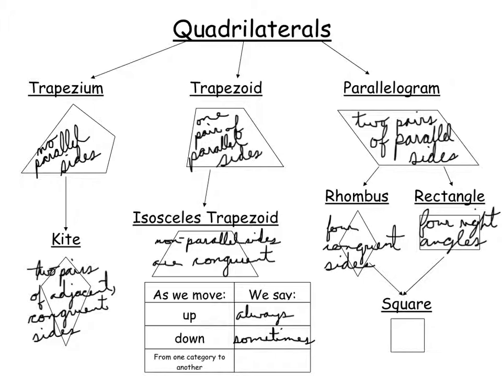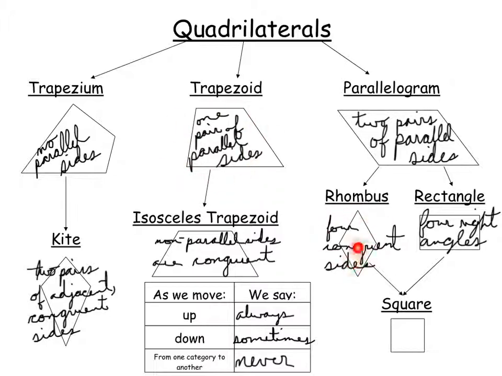But finally, as we move from one category to another, so if I move from anything in the parallelogram category over here, we have to say never. A rhombus has to have 2 pairs of parallel sides. So it can never have only 1 pair of parallel sides.